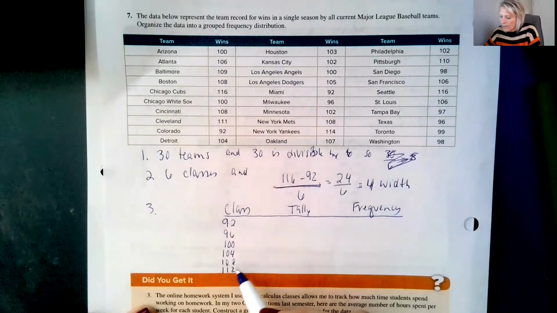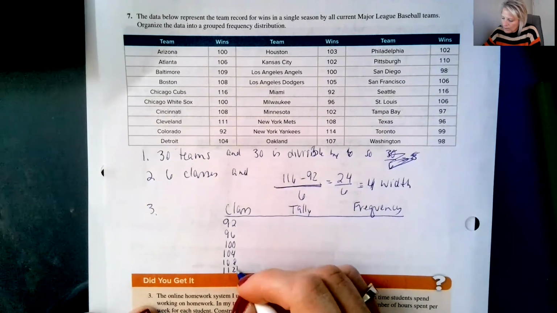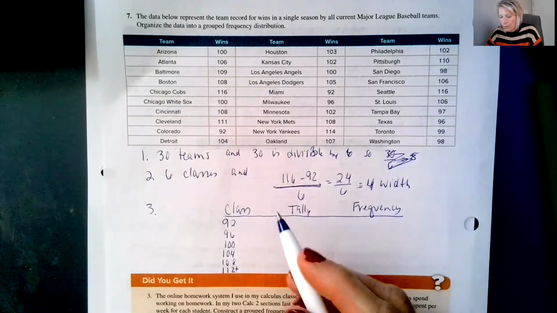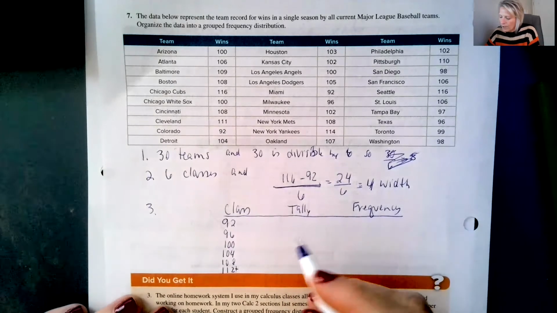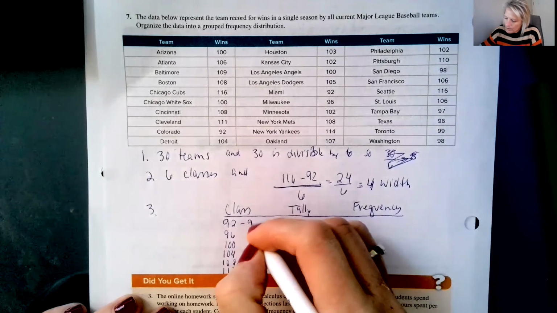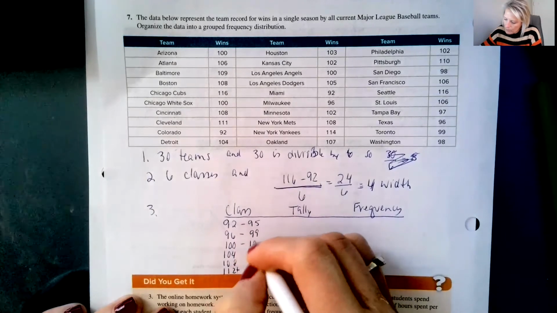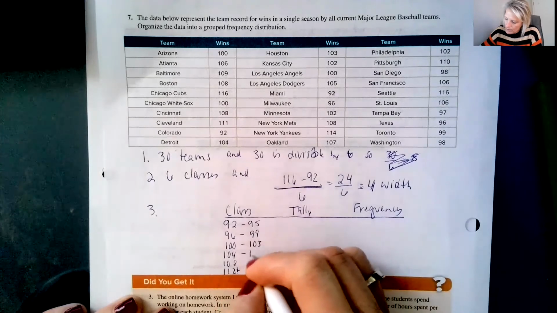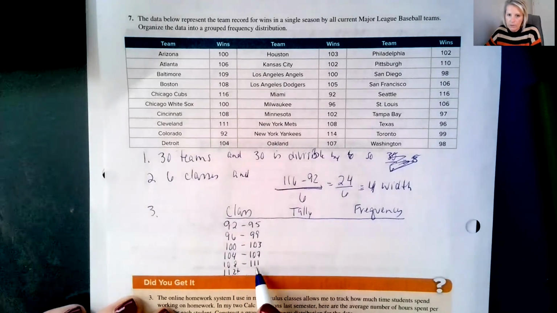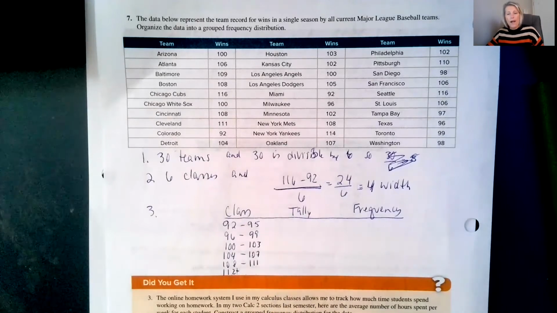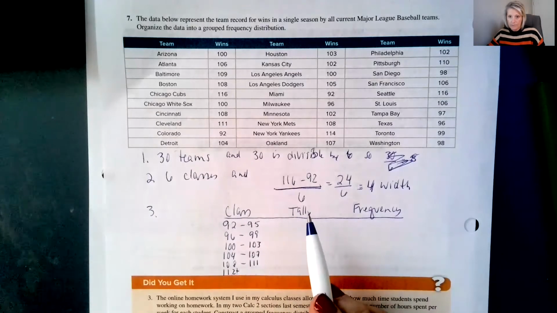But 112 means it has to go up to 116. So 116 plus actually has a width of 5 because there's another number in there. So this is 95, this is 99, this is 103, this is 107, this is 111, and I'm going to say 112 plus.